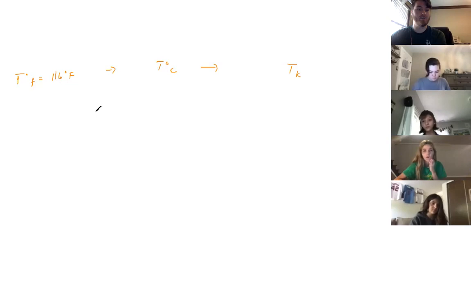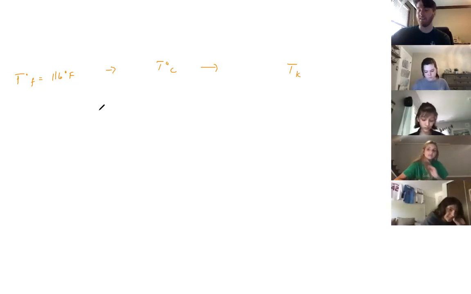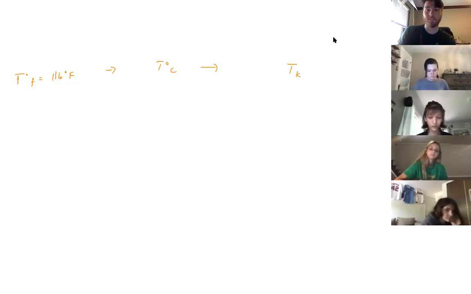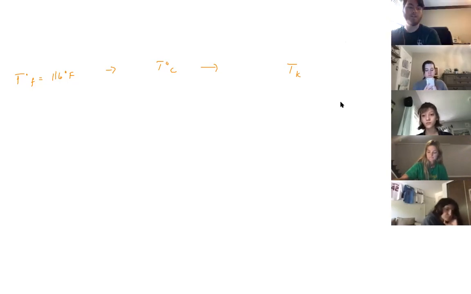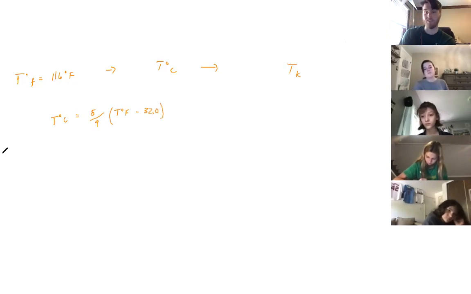So let's first change our temperature in degrees Fahrenheit into temperature in degrees Celsius. So where's my equation? There we go. If we want a temperature in degrees Celsius, we always make it temperature degrees Celsius is equal to 5/9 multiplied by the parentheses of temperature in degrees Fahrenheit minus 32.0. That's where we're going to start out.